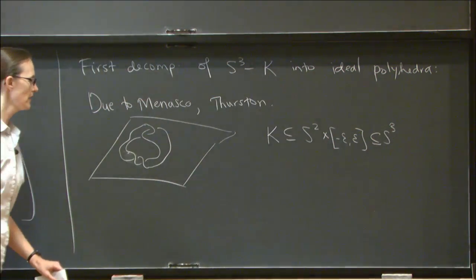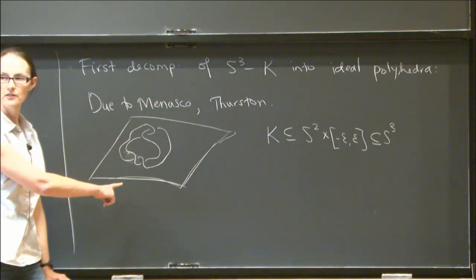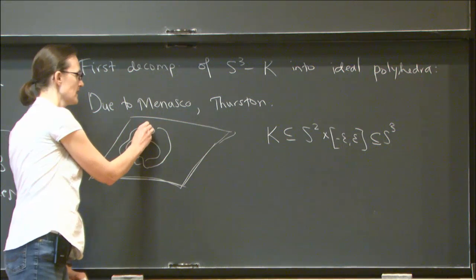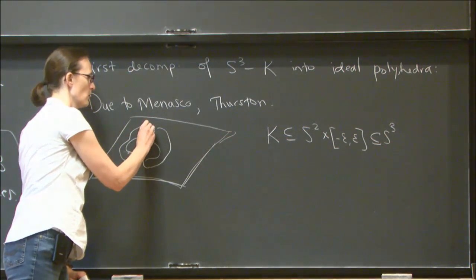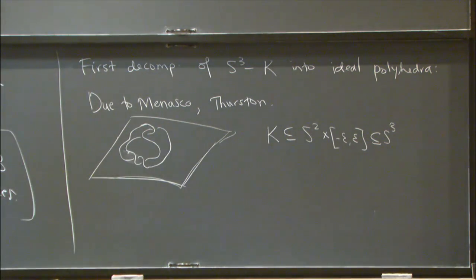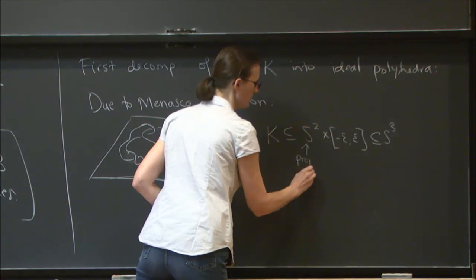So your projection plane is this parallelogram I've tried to draw. And you thicken it up just a teeny, tiny bit. The knot's going to sit in this region where, at over crossings it's going to go up a little bit, at under crossings it's going to go down a little bit, but everywhere it's going to stay in this well-defined S2 sitting inside of it. So this is a projection plane.